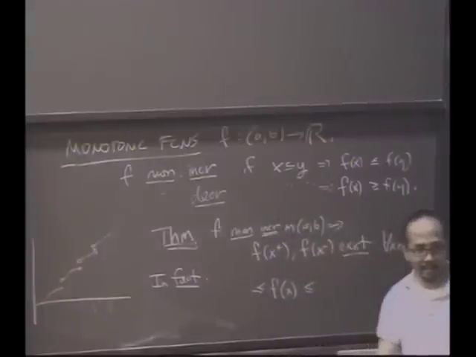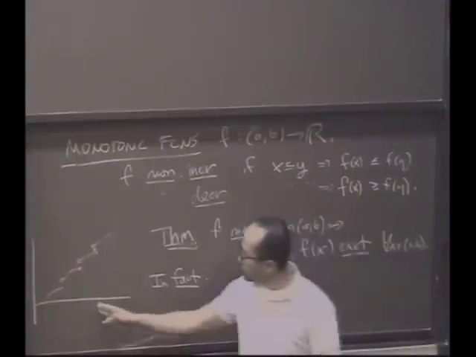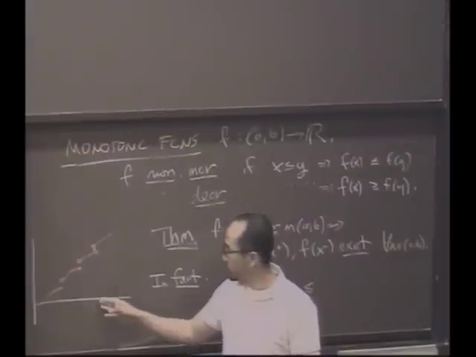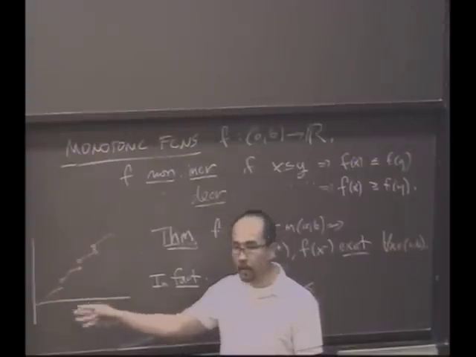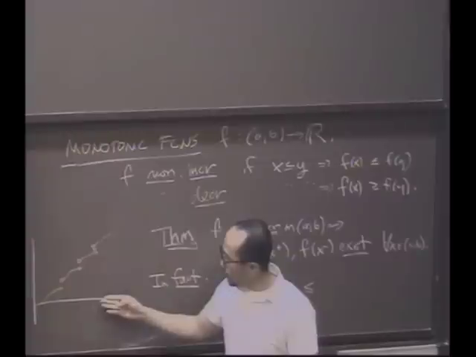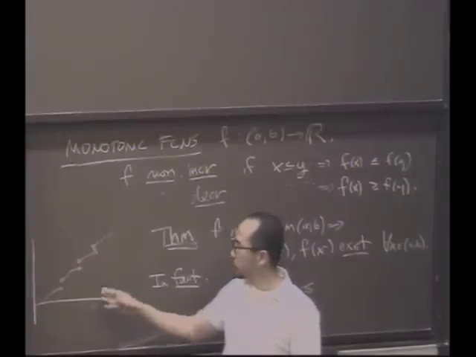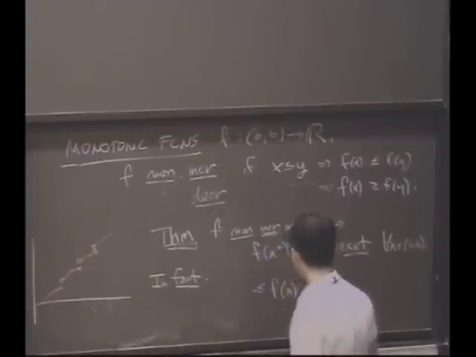Okay, by monotonicity. So if I look at all the values it achieves on the left and take their supremum, it should still be at most as big as f of x, right? And if I take all the function values on the right and look at their infimum, then f of x should be less than or equal to that infimum.